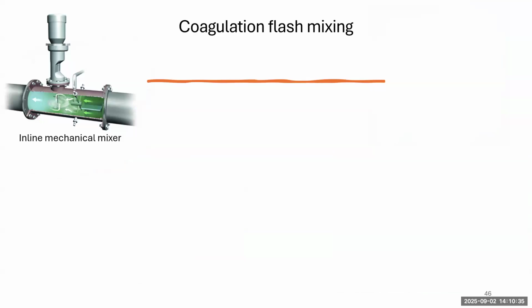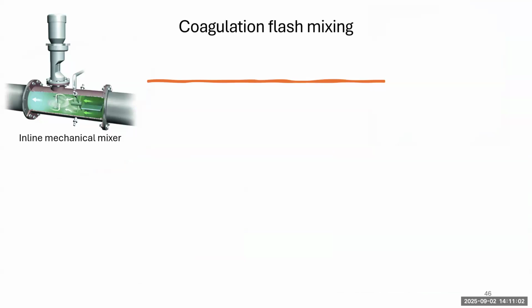When you actually have the coagulation chemical entering the plant, there's different ways to mix it. The coagulation chemical needs to be mixed throughout the water very completely and very rapidly, so that by the time it gets to the next step, the coagulation chemical is dispersed and is in contact with all of the particles. It's throughout all of the water. So there's different ways to do that.